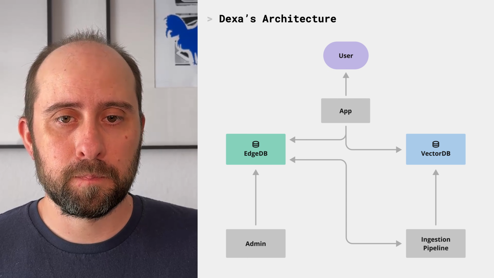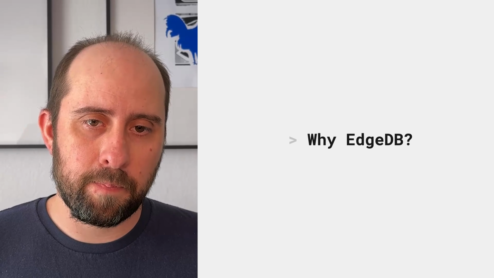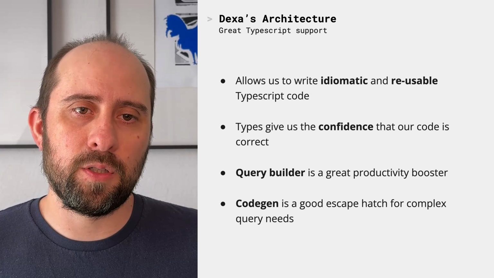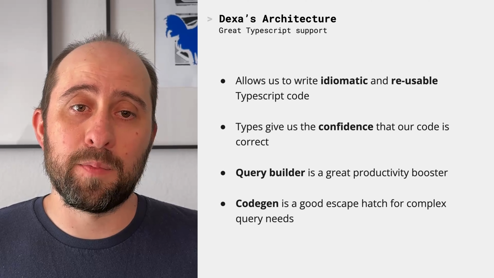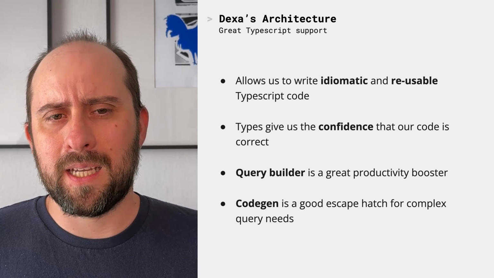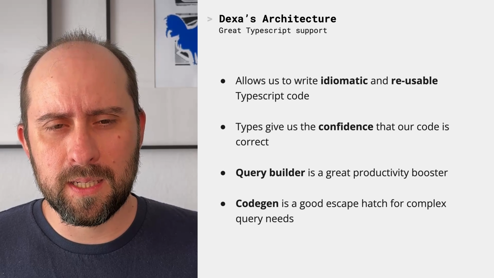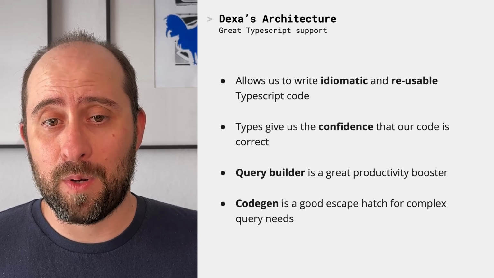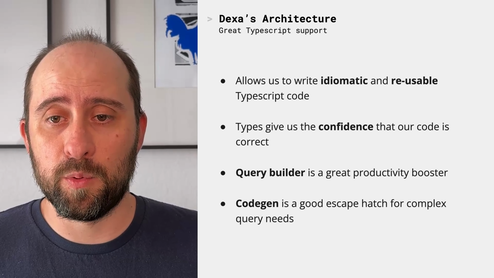So why EdgeDB? One of the killer features for us is its TypeScript support. Dexa is written in TypeScript. The majority of the code in Dexa is in TypeScript, and EdgeDB allowed us to write idiomatic and reusable TypeScript code.